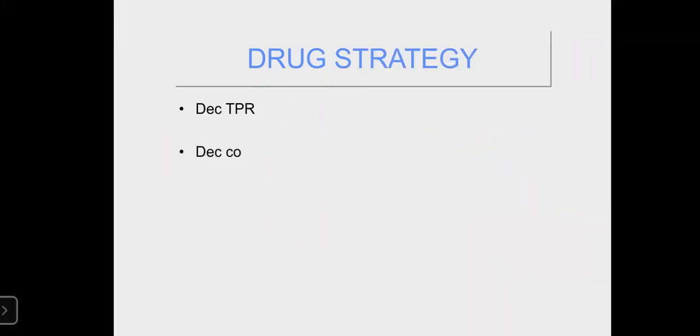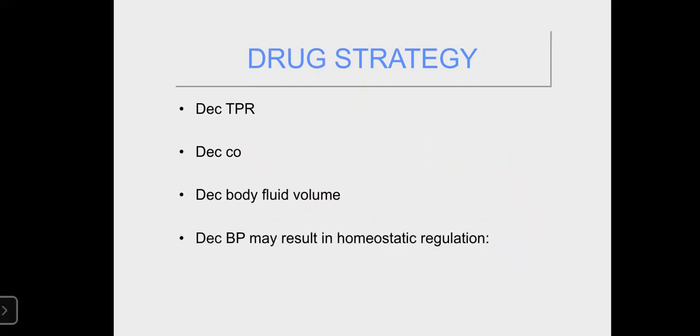So decrease total peripheral resistance, decrease cardiac output, decrease body fluid volume, and when we decrease the blood pressure, we affect the heart rate and we affect edema. We affect the peripheral tissues and we cause edema.